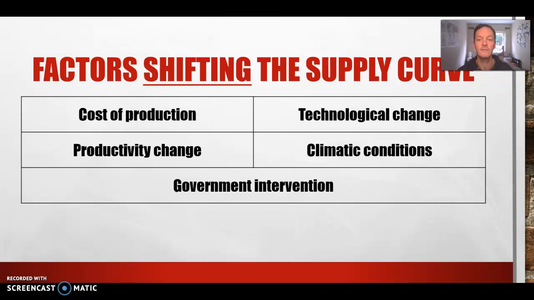Now on the other ones here, we've got technological change and productivity change. These two are pretty similar, and in your textbook, they kind of are in the same kind of area. Technological change will often improve productivity. Okay, so when we have an improvement in the technology available in that particular industry, that's going to enable that particular industry to do more with the resources that it's got.